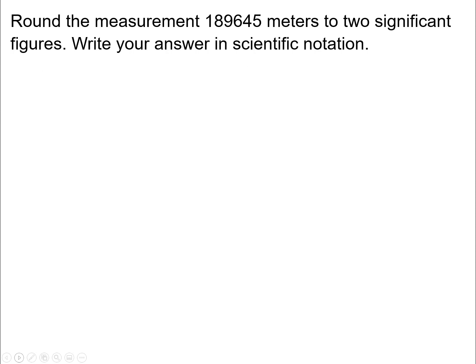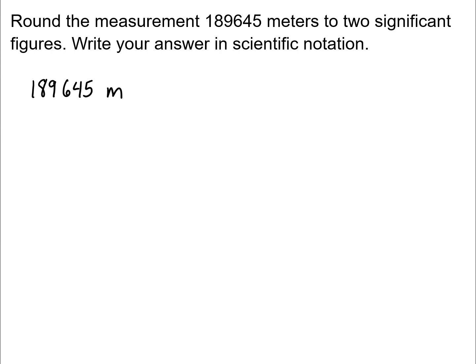We have a measurement, 189,645 meters. We need two significant figures, and it has to be written in scientific notation. If we need two significant figures, which digit is going to be my last retained digit?